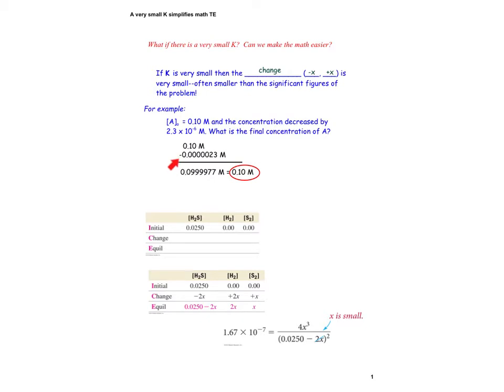If I set this problem up and I do the subtraction, remember our significant figures rules are such that we can only go that far and then we round. So we're going to round all the way back to 0.1. Did we lose some A? Yeah, but not enough to be significant. It turns out that that's going to simplify things mathematically for us.